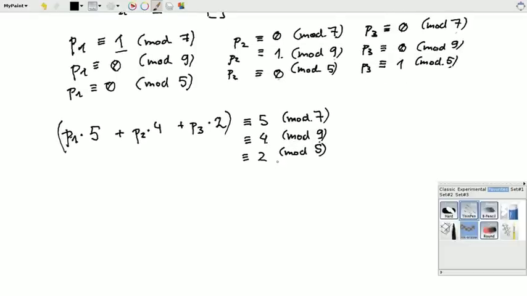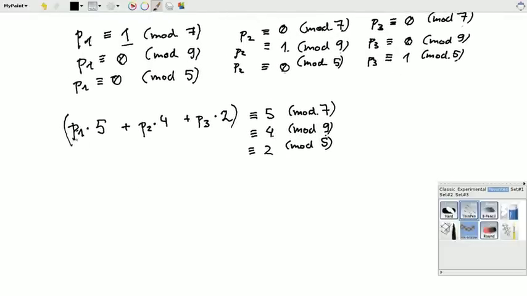Well, that is true because P1 is congruent with 0 modulo 9. P3 is congruent with 0 modulo 9. And P2 is congruent with 1 modulo 9.